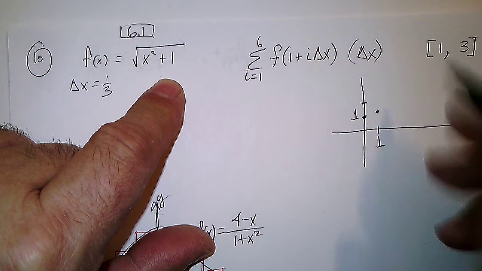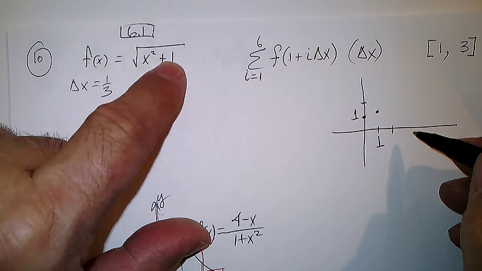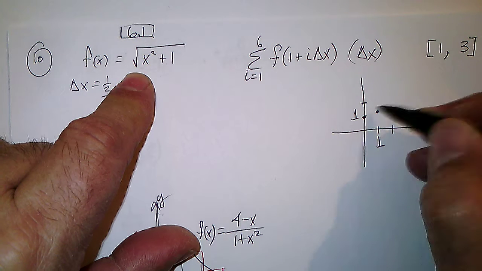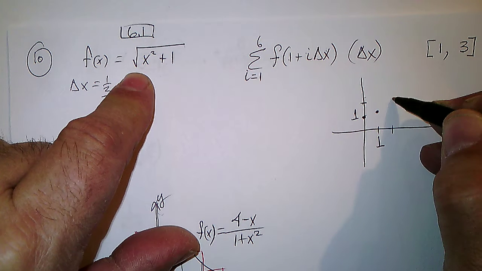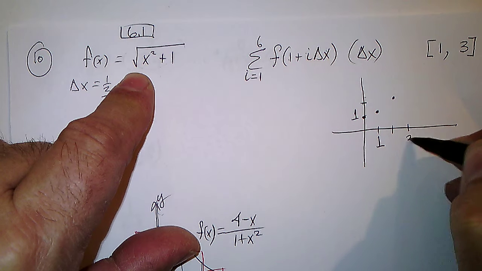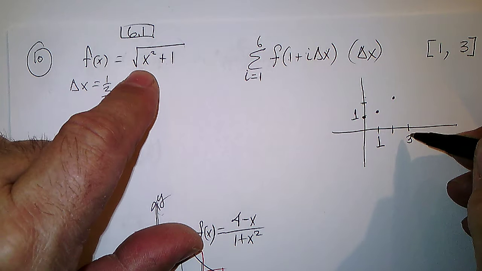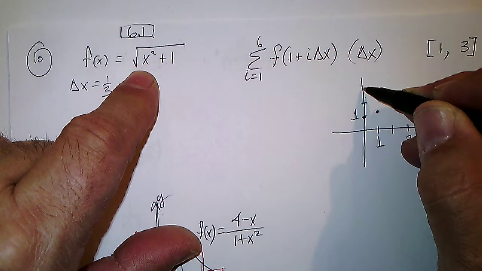That's where I'm starting. If I put in 2, 2 squared is 4, plus 1 is 5. Square root of 5 is 2.2 something. And if I put in 3, 3 squared is 9, plus 1 is 10. Square root of 10 is a little over 3.